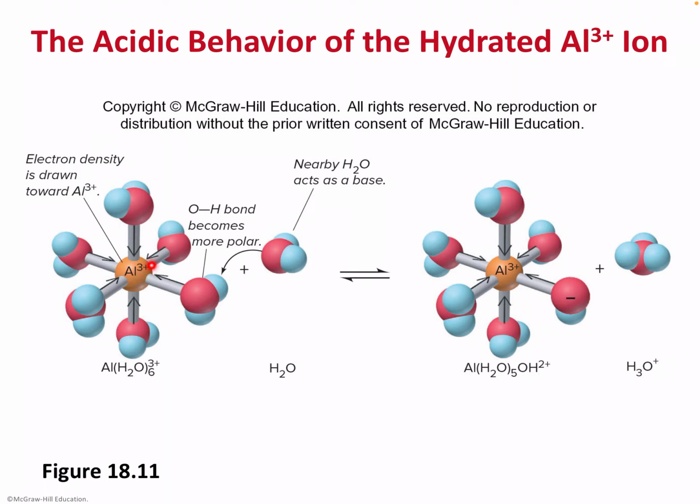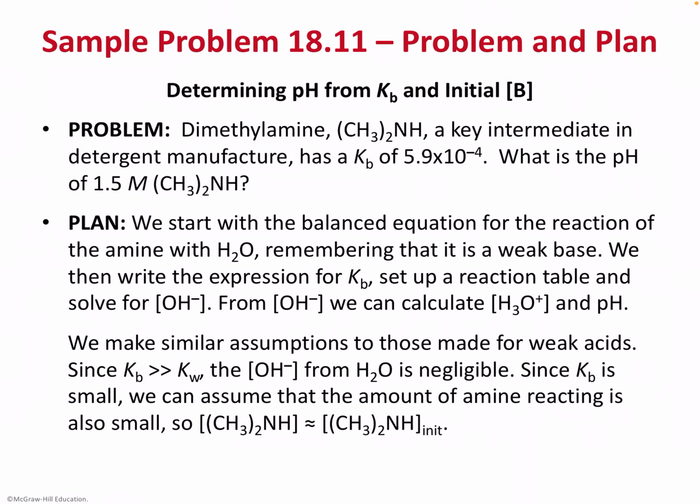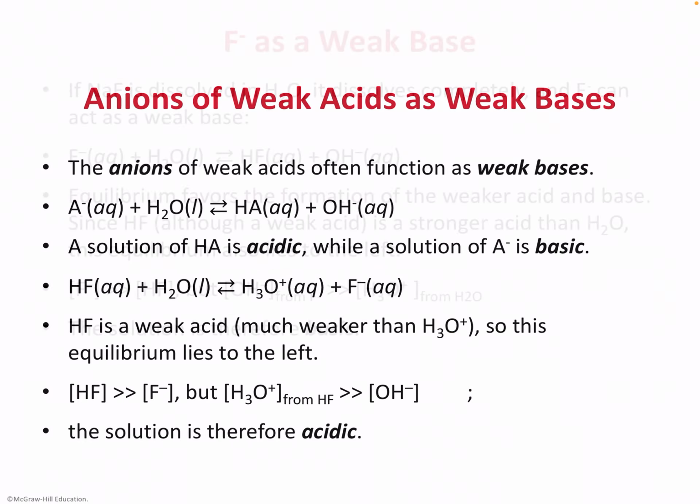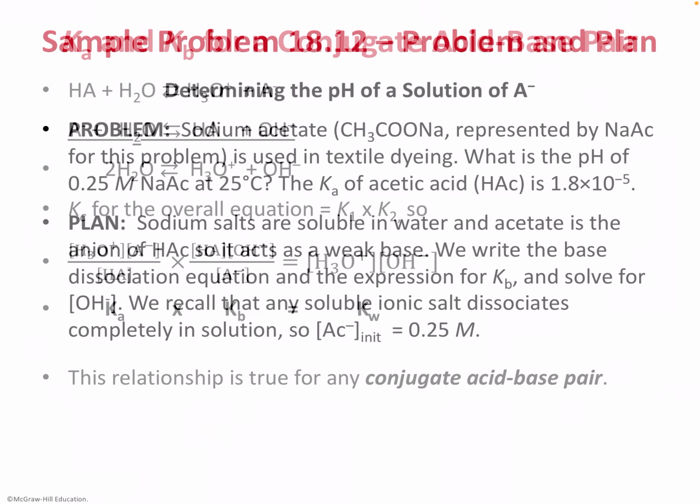Iron would take 6 water molecules, and then one of the water molecules grabs a proton from one of the water molecules, generating this complex and a hydronium ion. It is the same concept, just with iron 3+ instead of aluminum. So the solution will become acidic.